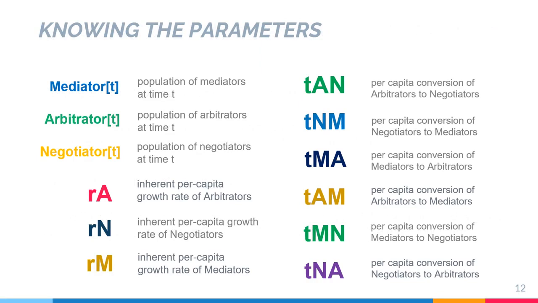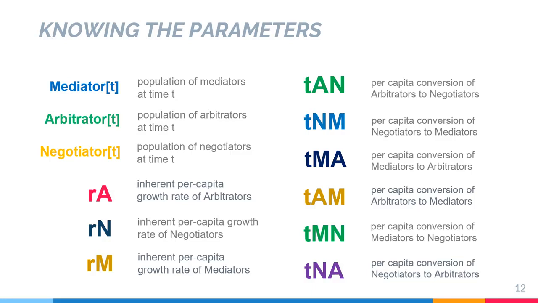Now that it's time to finally write our differential equations, we must be clear with the abbreviations we shall be using. We represent the populations of the 3 major groups with M(t), A(t), and N(t) respectively. Similarly, Ra, Rn, and Rm are the inherent per capita growths of the 3 groups.